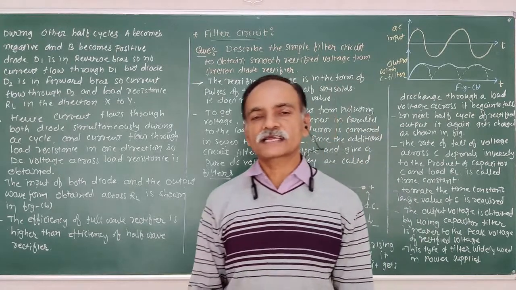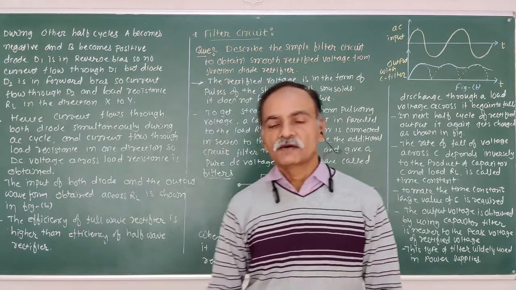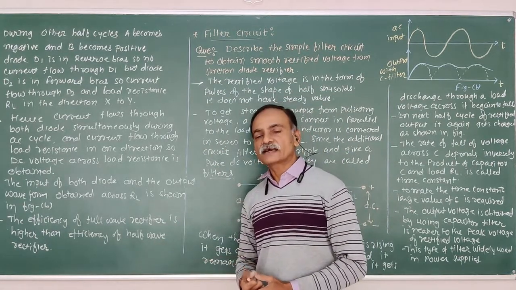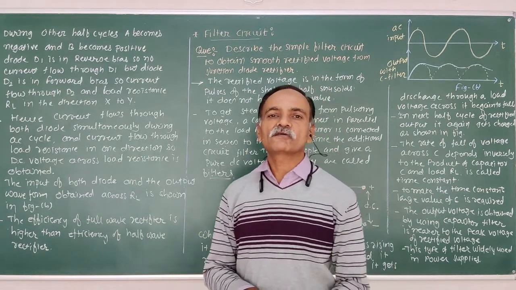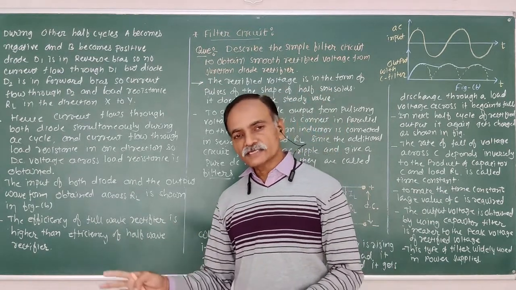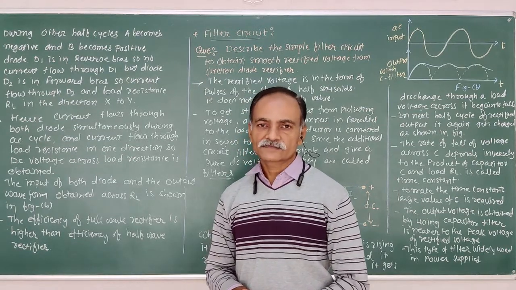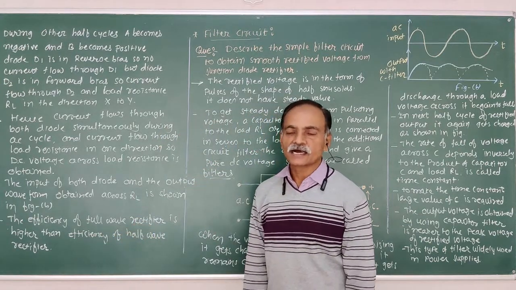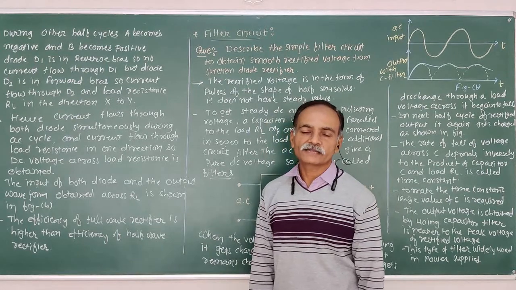During the negative half cycle, the output voltage is zero. While in full wave rectifier, during both the positive and negative half cycles, we obtain the continuous voltage across the load resistance RL. Therefore, efficiency of the full wave rectifier is higher than efficiency of half wave rectifier.